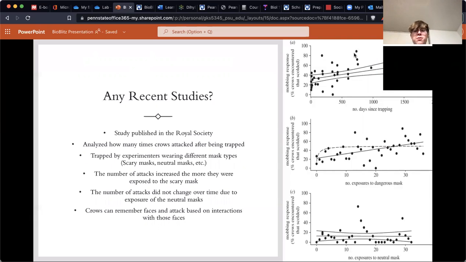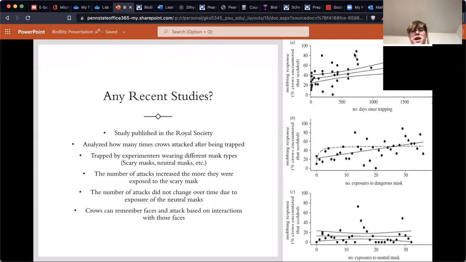So we found a study published in the Royal Society by a group of three scientists, that analyzed how many times, so they basically tagged and trapped and released crows, but they did so wearing different kinds of masks. So they used a hostile looking dangerous mask, and then they used a neutral mask.